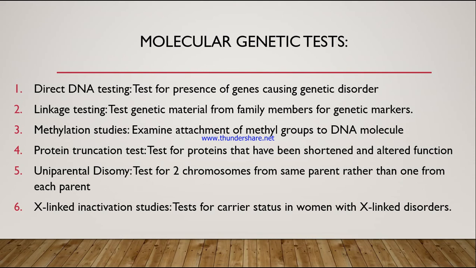Uniparental disomy means we are testing for two chromosomes from the mother, or two chromosomes from the father, rather than one chromosome from each parent. So this test is called uniparental disomy.